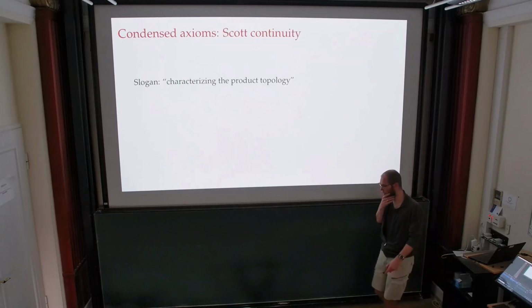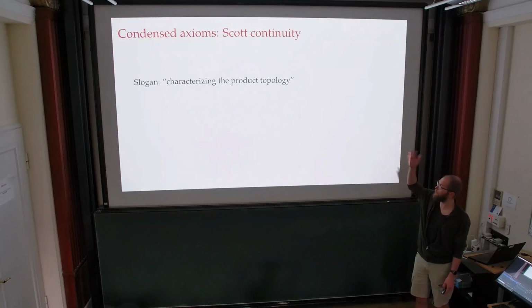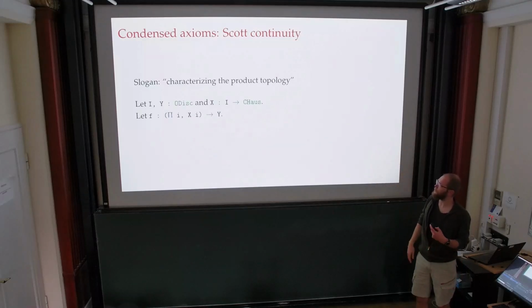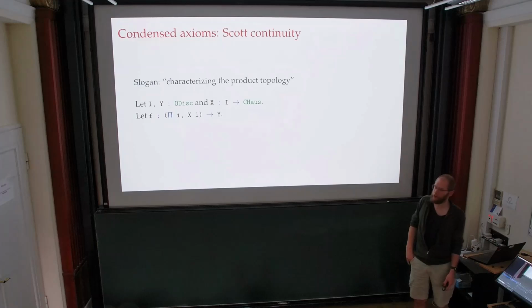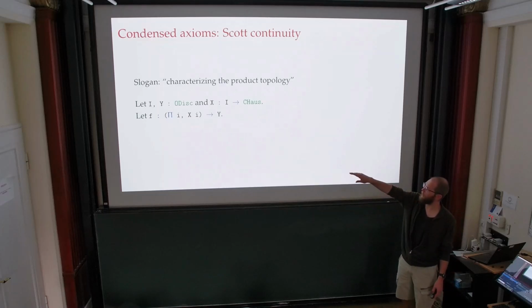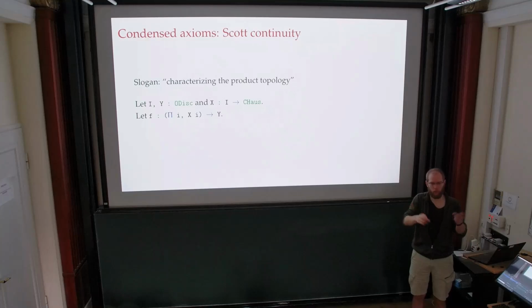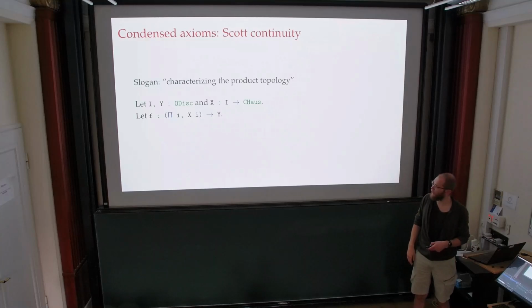There's something that we call axiom S, named after Scott because of Scott continuity, but really the slogan is that we want to characterize the product topology. We have an indexing type I, which is discrete, and a codomain Y, which is discrete. We have a family of compact Hausdorff spaces indexed by I. We take the product of those spaces and then take some map to Y. The product topology is generated by boxes on finitely many coordinates.